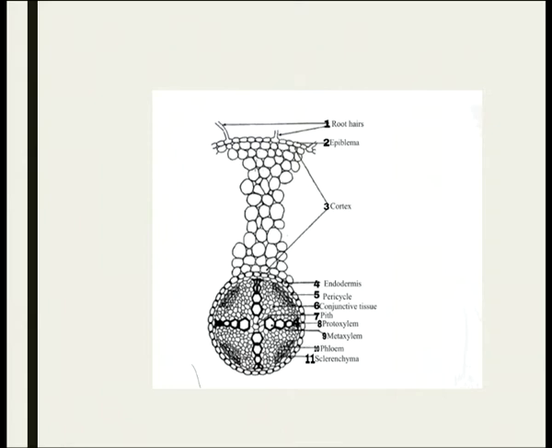Now the main conduction of water will happen through the tissues called xylem and phloem. So xylem is responsible for movement of water and phloem is responsible for movement of food items or nutrients.